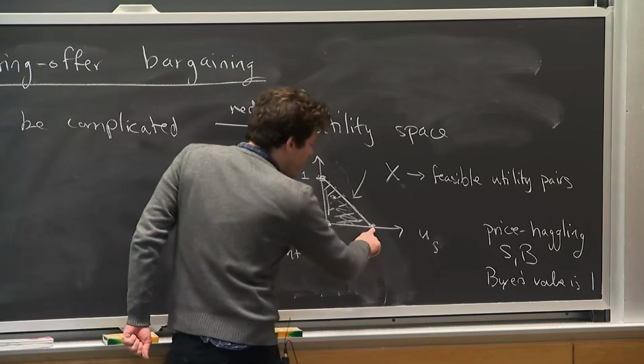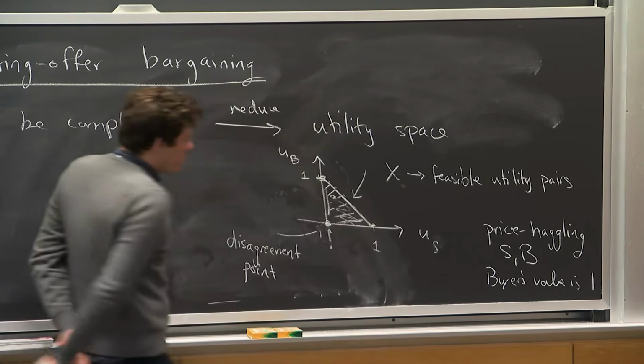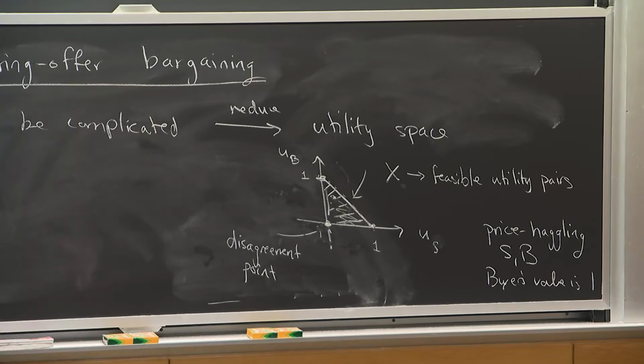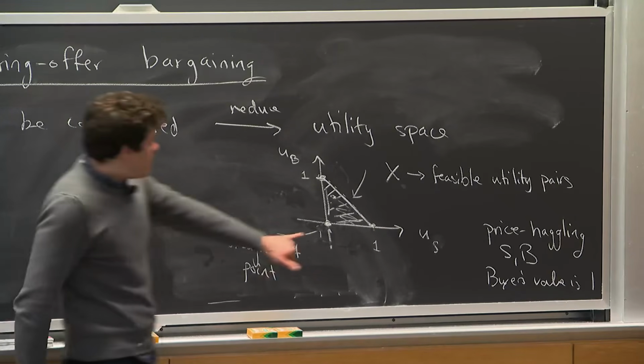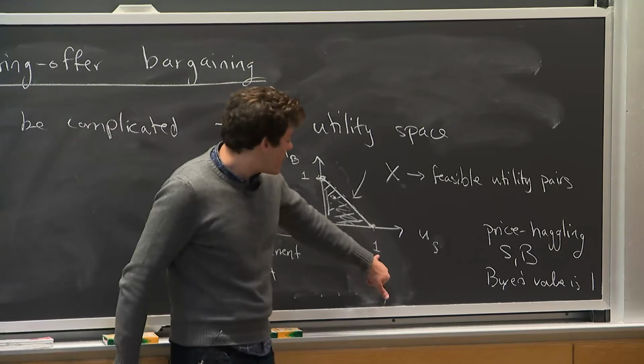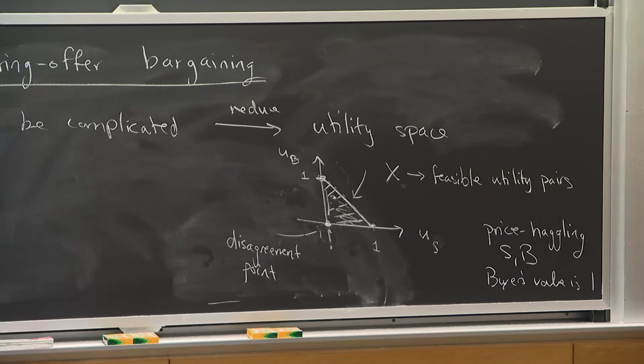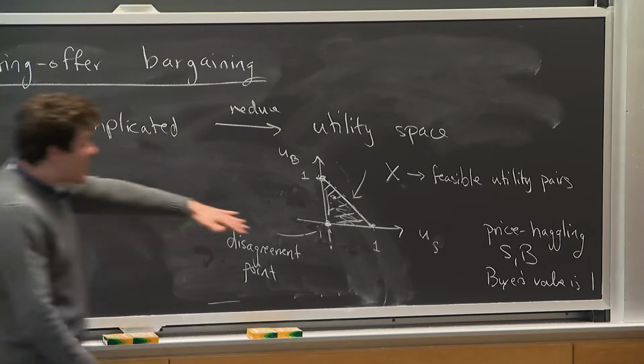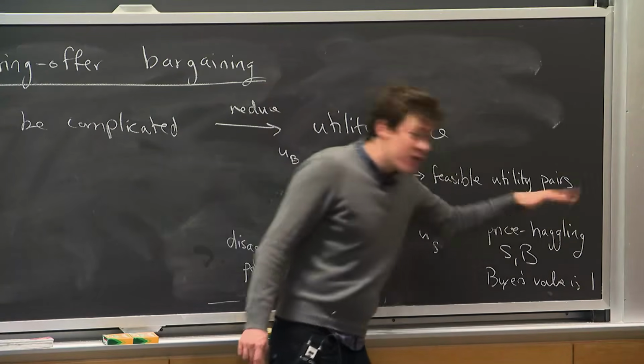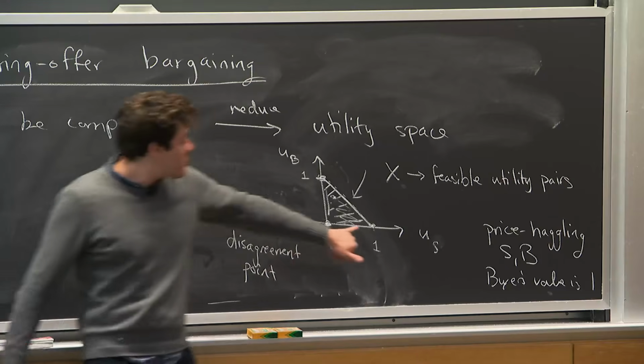What about this point over here? At this point, the seller gets utility 1, and the buyer gets utility 0. What does this represent? How could we, in our simple price haggling game, where we have value and we have risk-neutral agents, get to this point?